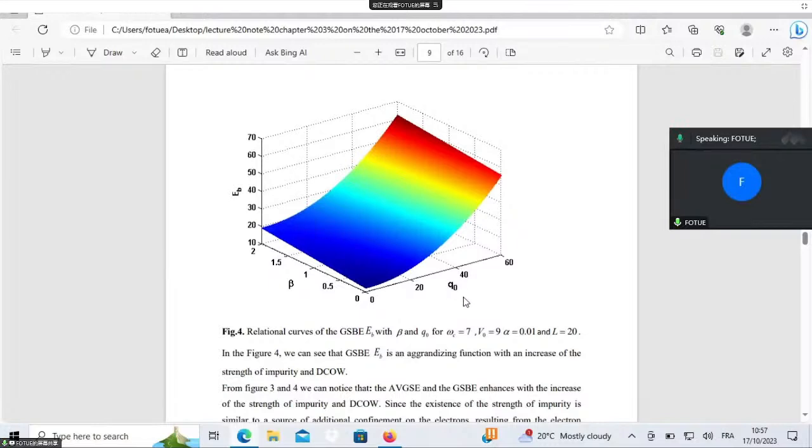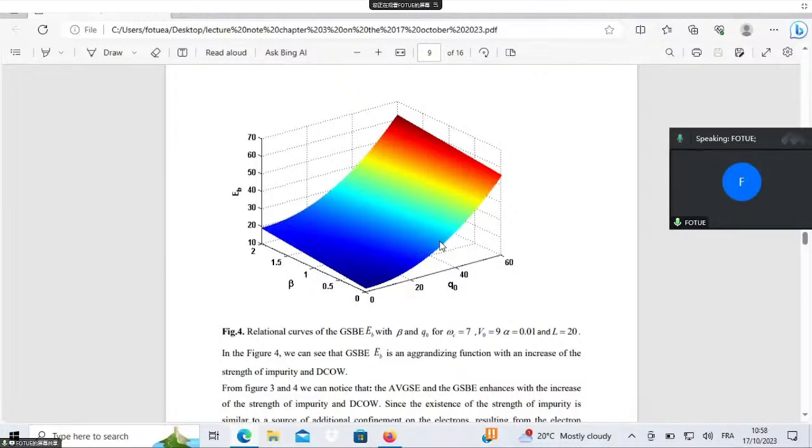This increase is smooth at low values of the cutoff wave number and exponential from a certain value of the cutoff wave number, 20. We are seeing an exponential parabolic behavior of the binding energy.